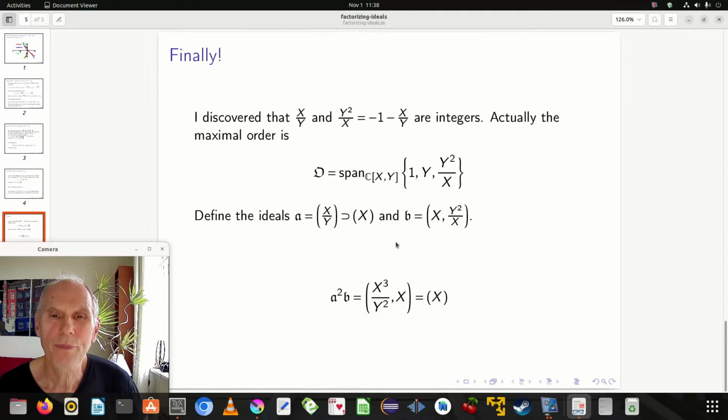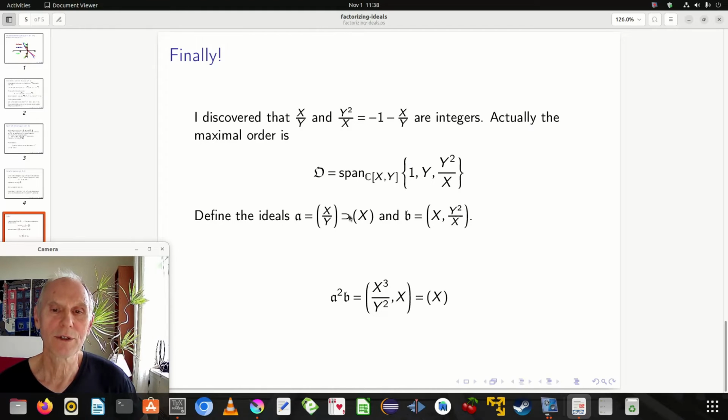Now, what do we do? So this has to be written. I don't think we can generate x by just saying y squared divided by x, then multiplying by these guys. But actually multiplying these two gives y. So that's a factorization of the ideal generated by y. And squaring this one and multiplying it by this gives x.